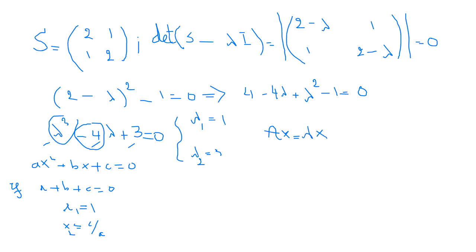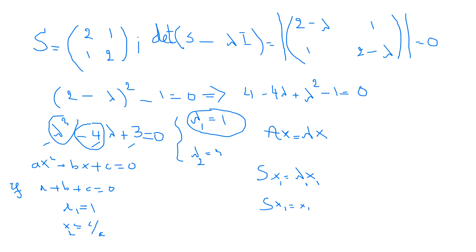So, for example, to find the eigenvector corresponding to lambda 1, which is 1, you need to find the x1 that satisfies the condition that S times x equals lambda times x. I just switched from A to S here. Since lambda 1 is 1, basically you're saying which x1 would give me the following.